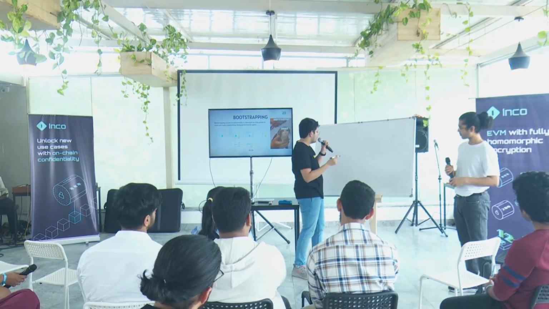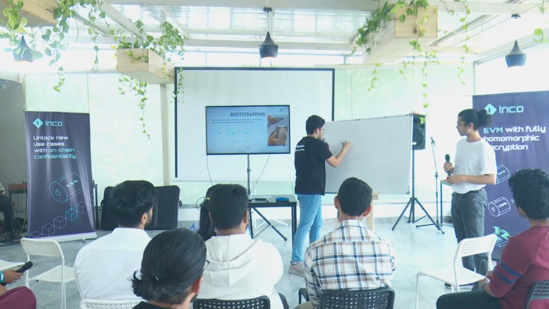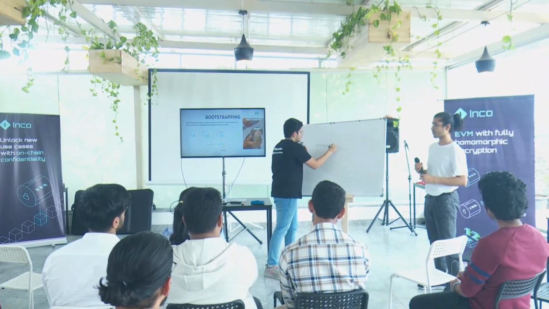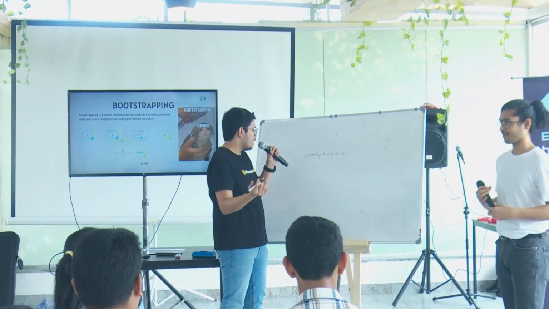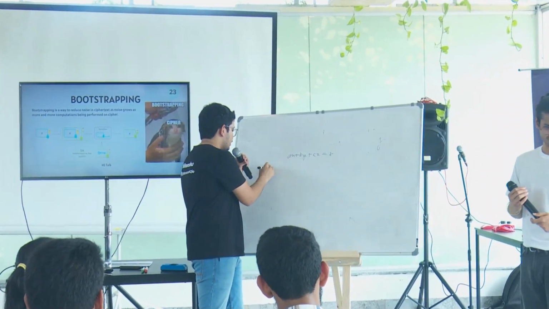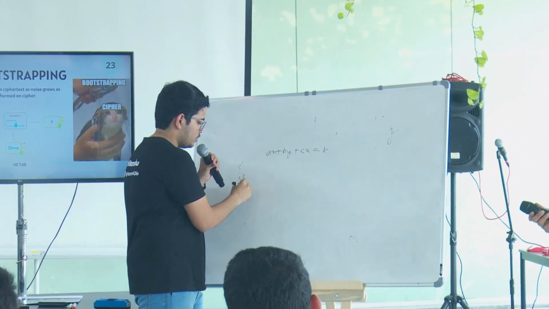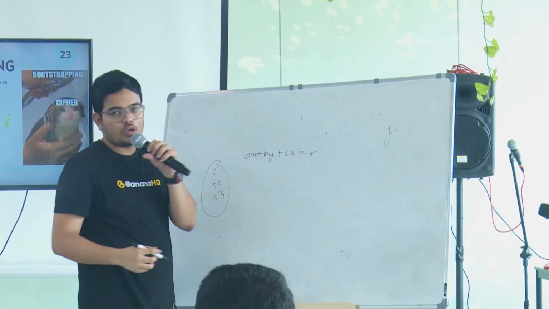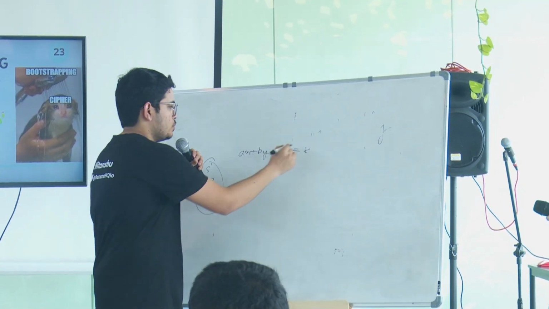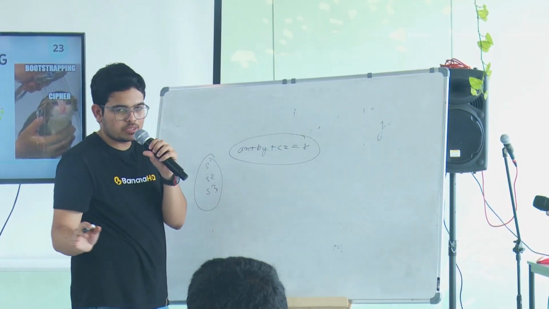Let's suppose we had a polynomial ax plus by plus cz equals, let's say, k. And we had a certain solution of it, s1, s2, s3. Let's assume this solution of this polynomial is the private key, and this polynomial is the public information.